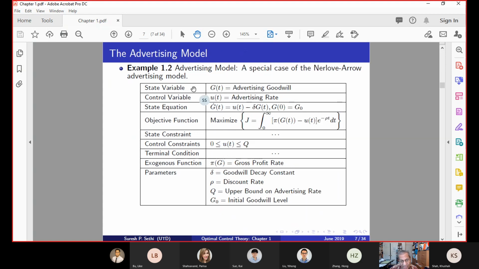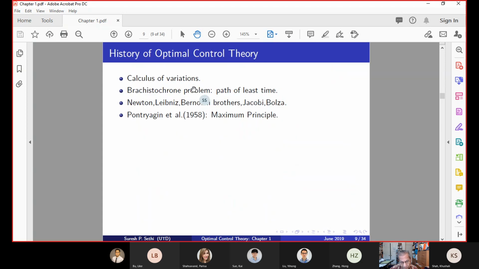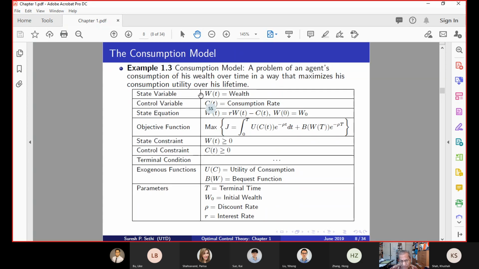In general, we are looking for a state variable which could be n-dimensional, and a control variable which could be m-dimensional. So that's why I ask you to have some knowledge of vectors and matrices, because we're going to develop the theory which is good for vector state variables and vector control variables.